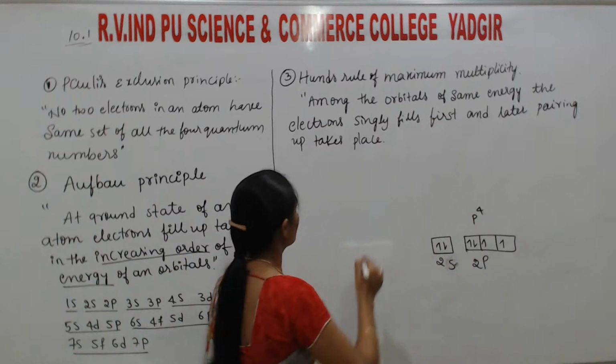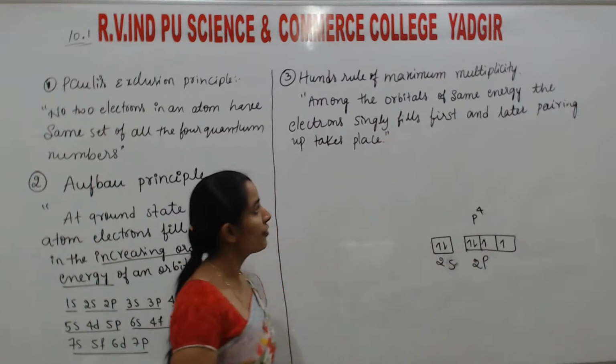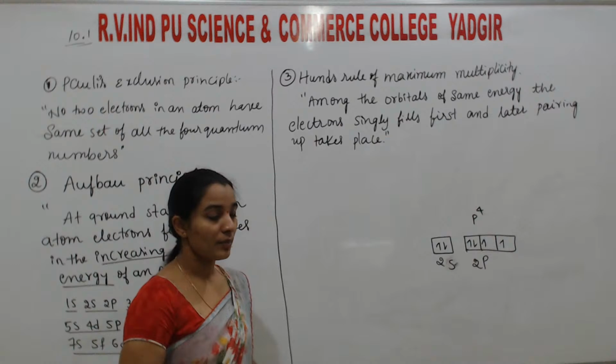So this is the statement of Hund's rule of maximum multiplicity.